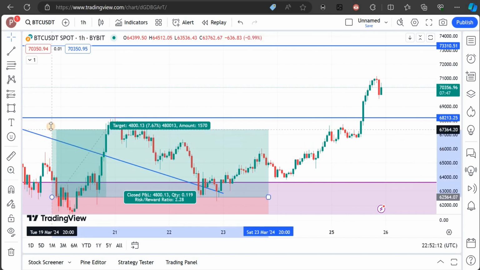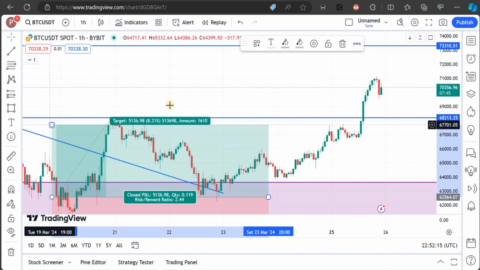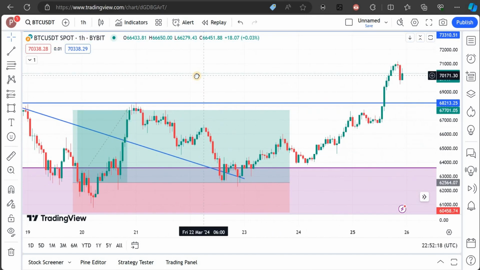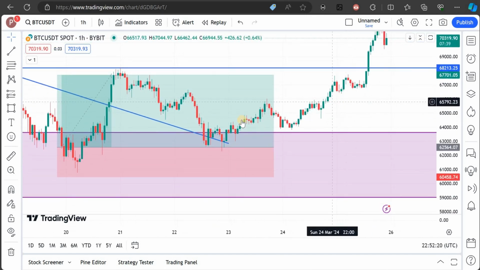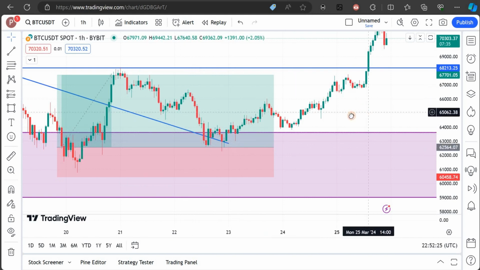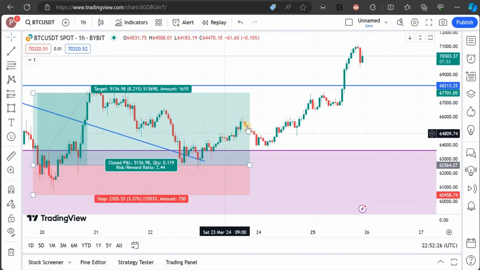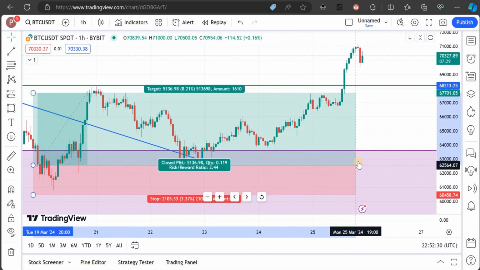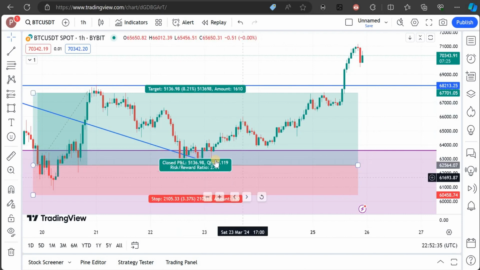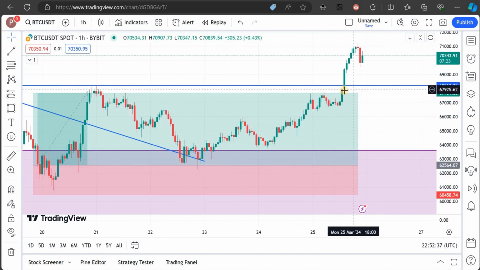Okay, you can target this high if that's satisfactory for you. You can target this high. So this would have been a 1 to 2.4 risk trade, and you can see smoothly the trade got to your TP. Okay, so there was no drawdown experienced.